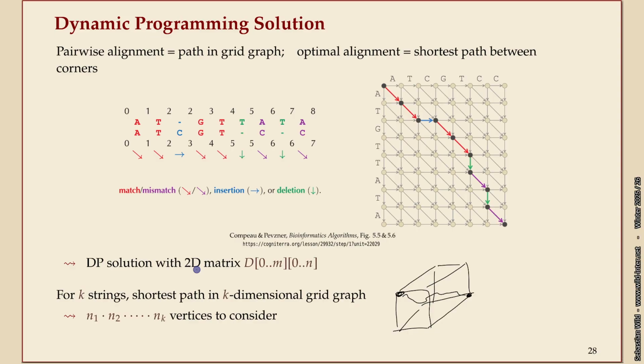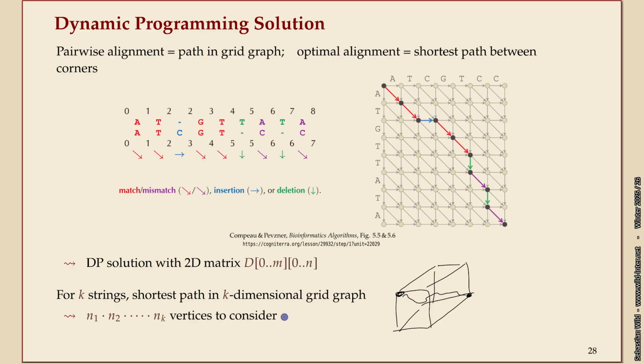Now, if you go higher and higher in the dimension, at each point you can stay in that dimension or go one step back. But you can do this in all combinations. So you have 2 to the k different combinations, minus the one where you don't do anything. So here we had 3 options, which is 2 to the 2 minus 1. With 3 sequences, we already have 7 options, 2 to the 3 minus 1.